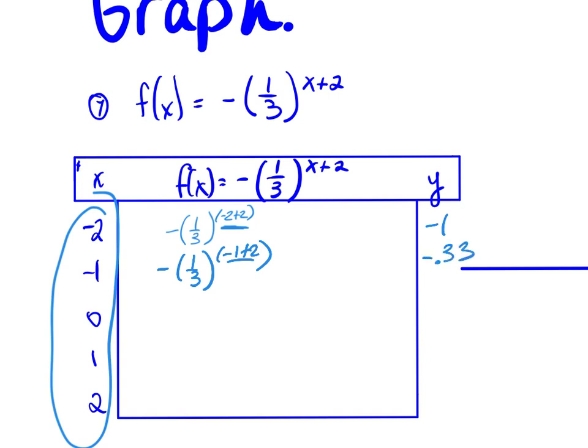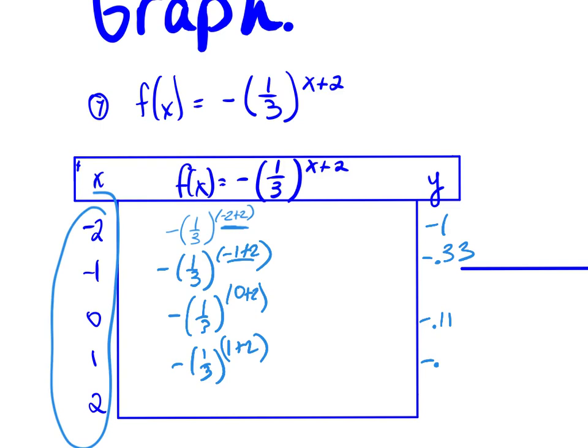Okay. So now I say negative 1/3 and I'm raising it to the 0 plus 2 power. What? Negative 1/9, which is what? Negative 0.11? Yeah. Okay. Then I have negative 1/3 to the 1 plus 2, which is? Negative 1/27. Which is what?